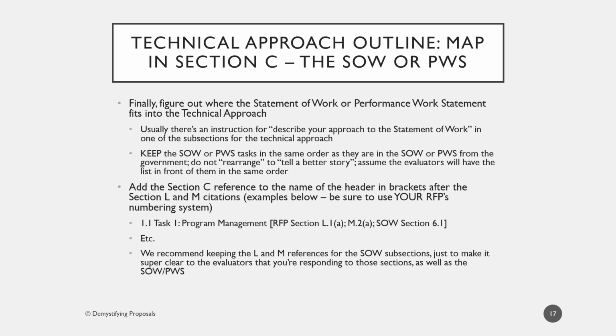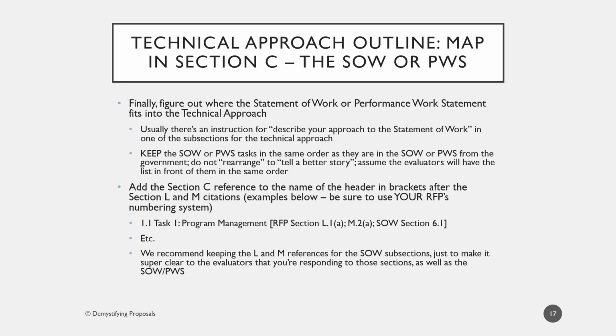Then add the section C references to the name of the header in the brackets after the L and M citations. So, for example, task 1, program management, which might be the first section of the statement of work tasks. You want to include the L reference and the M reference for the technical approach, and then add the statement of work reference, which in this case is section 6.1.